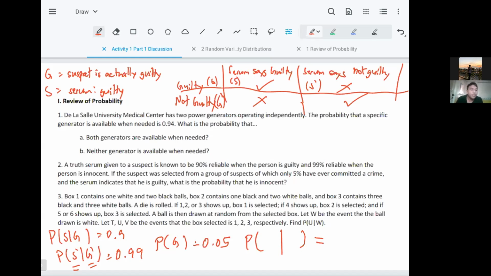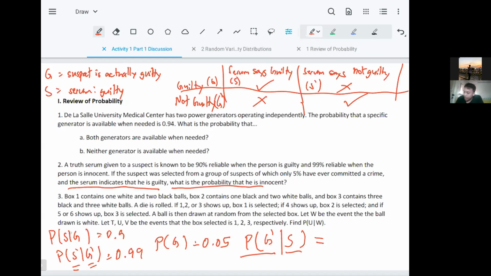So hindi P of G yan. G prime, di ba? So G complement given na serum says guilty. So talagang you read it as is lang. If the serum indicates he is guilty, eto siya. Ayun. And then you just solve for it using the definitions, yung mga equations na diniscuss natin.